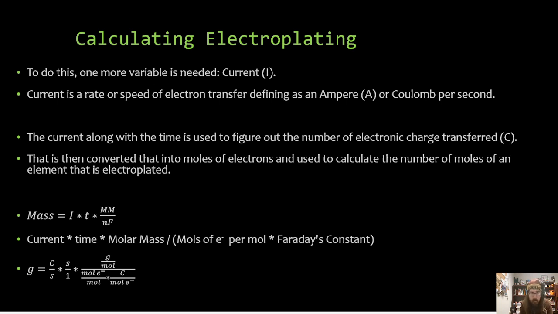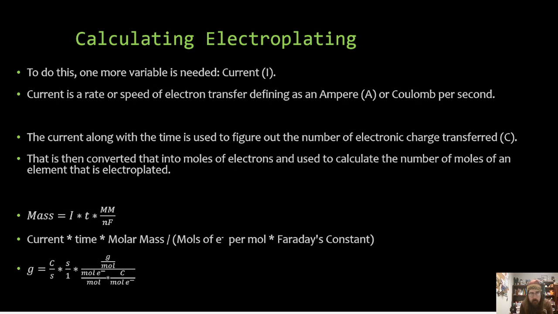And then using the molar mass, we can convert, of course, moles into grams of product. From there, you could do a lot of complicated math based on surface area to figure out thickness of sheet, but we won't bother to do that. But the equation is essentially mass equals current times time times molar mass over NF.